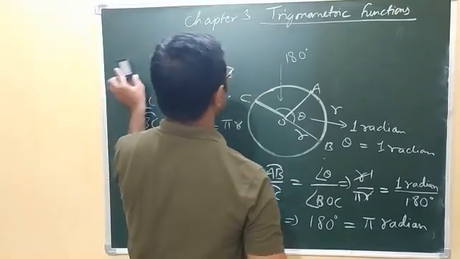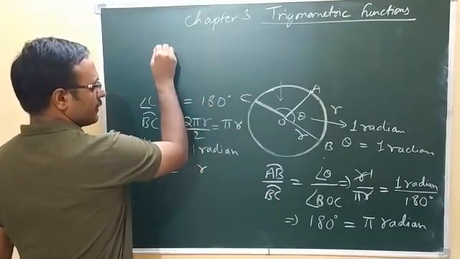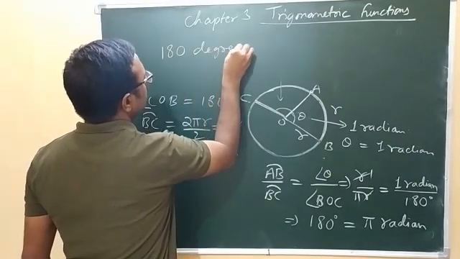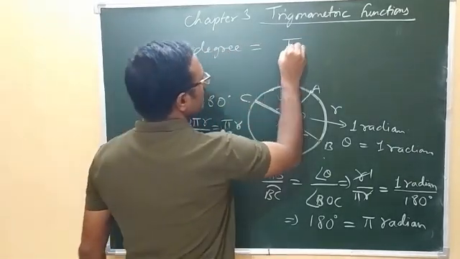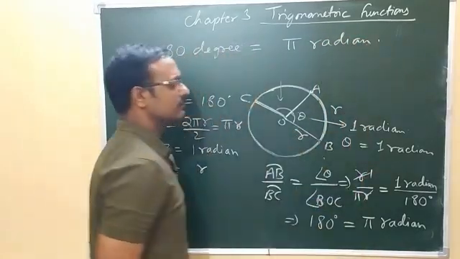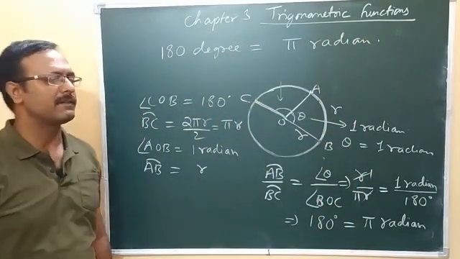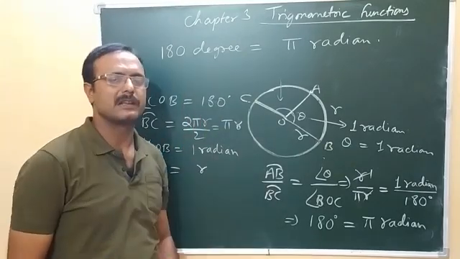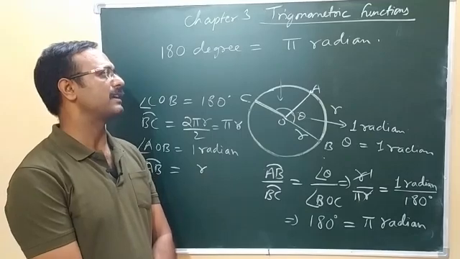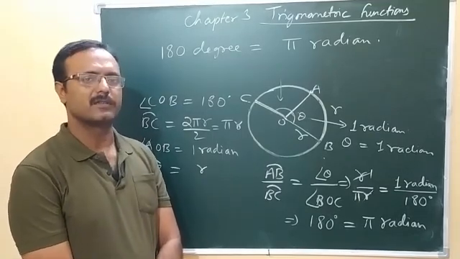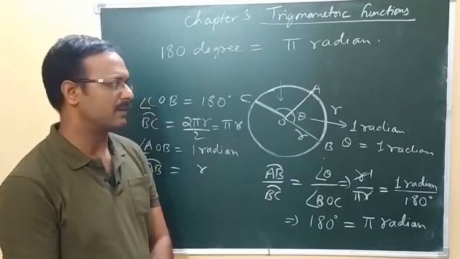So we have got the relationship: 180 degrees equals pi radian. Now you can easily find the angles. If the angle is given in degrees, you can find the equivalent radian value. Similarly, if the radian value is given, you can find the degree value.